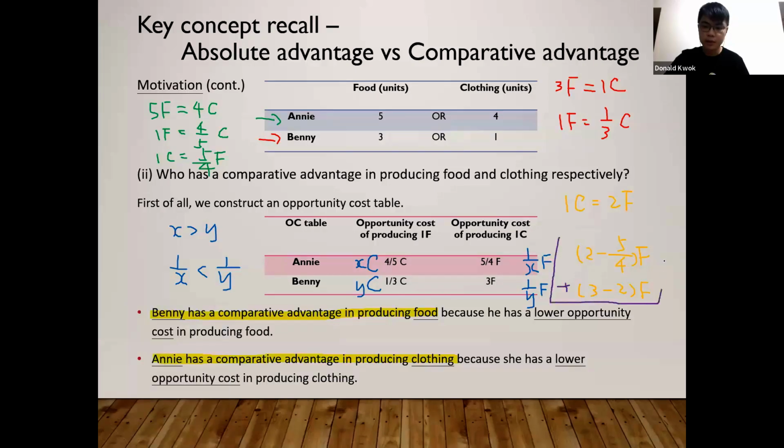In net, we will have 3 minus 5/4 F per unit of clothing traded. 3 minus 5/4 F is the gain from trading 1 unit of clothing. So how can you interpret the numbers here? 3 and 5/4 are the production costs of Benny and Annie. So this exactly illustrates the bullet point that I've just mentioned.